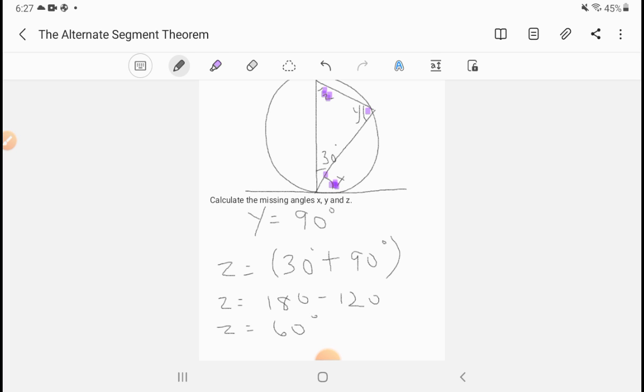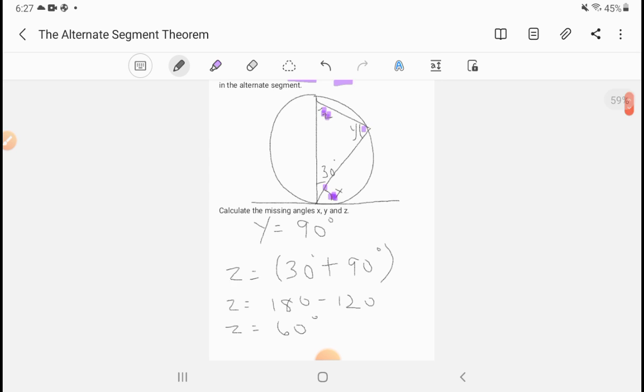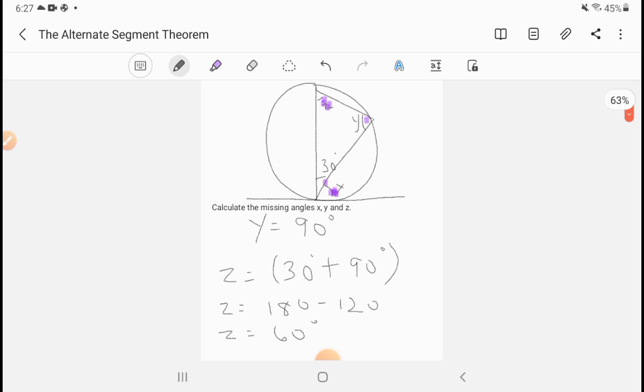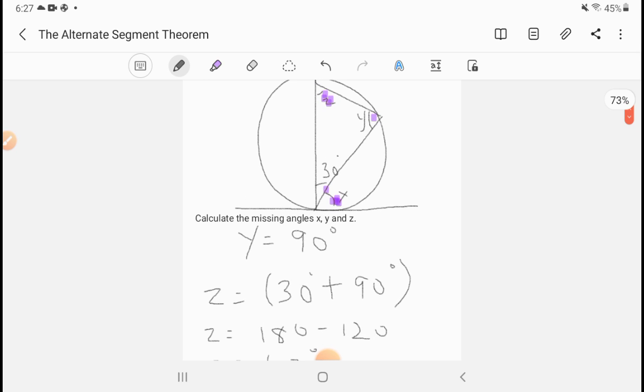Now let's use our alternate segment theorem, and remember our alternate segment theorem tells us that the angle between a tangent and a chord is going to be equal to the angle in the alternate segment.